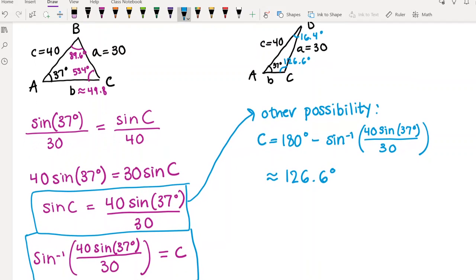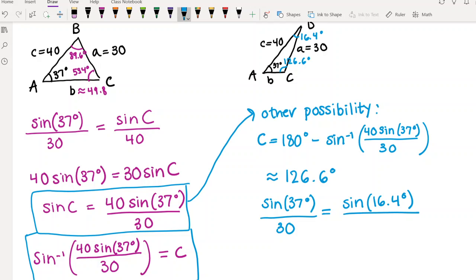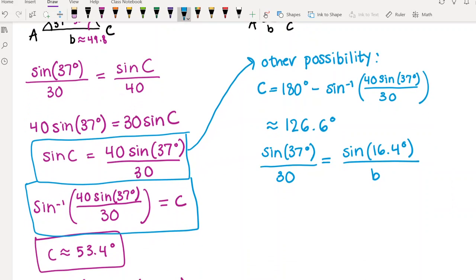So we would say, in this case, sine of 37 over 30, that was the ratio we started with, is equal to, and then we're trying to find side length B, so sine of 16.4 over B. And maybe for the sake of time, I think we've done a lot of examples like this, so I'm just going to jump to telling you the answer. So you would get that B is approximately equal to 14.1.